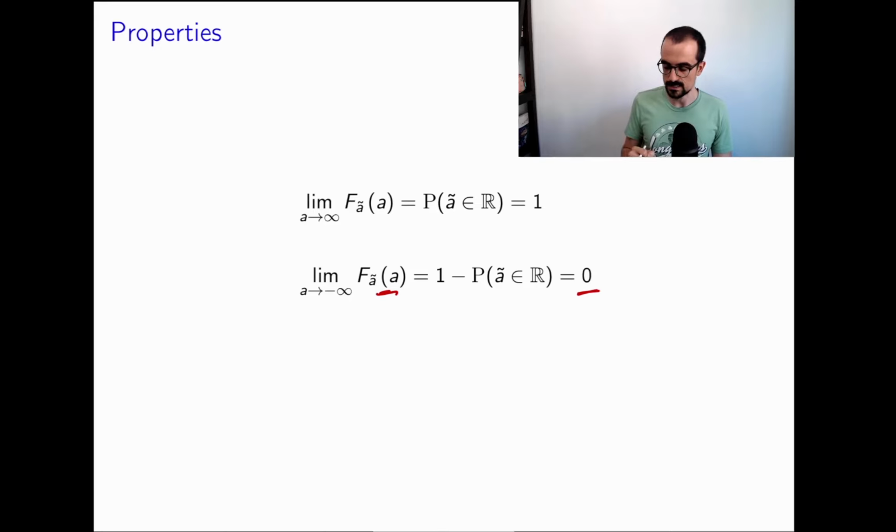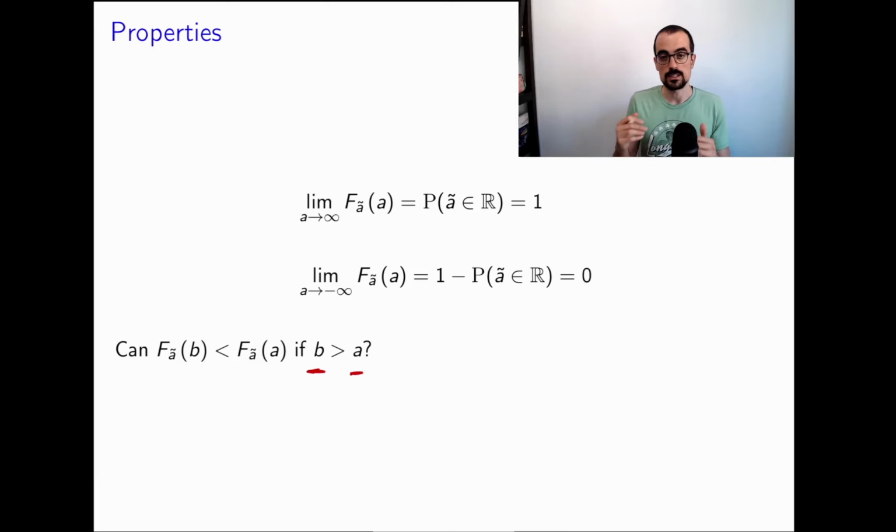Okay, so this tells us that any cumulative distribution function goes from 0 to 1. If we have 2 points and b is greater than a, now we're going to see whether the cumulative distribution function, and we'll see a picture in a moment, increases, decreases, etc.